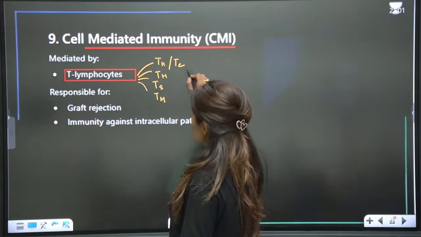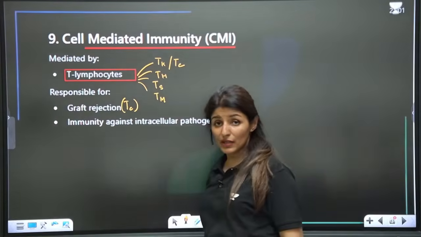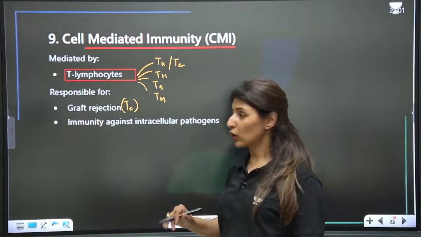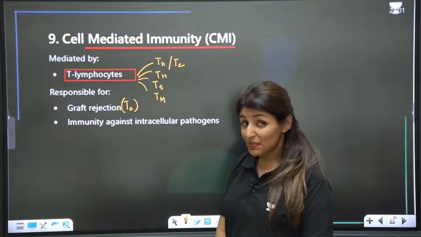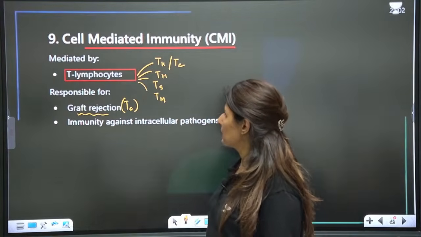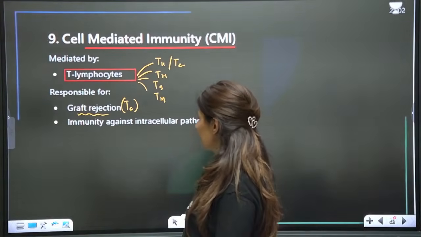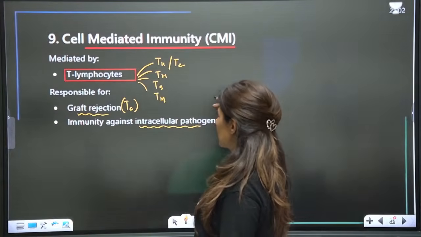So these T killer cells are responsible for graft rejection. That means any foreign organ will not be accepted, organ transplant will be rejected. This is called graft rejection. This is particularly by T cytotoxic or T killer cells, and they provide immunity against intracellular pathogens.